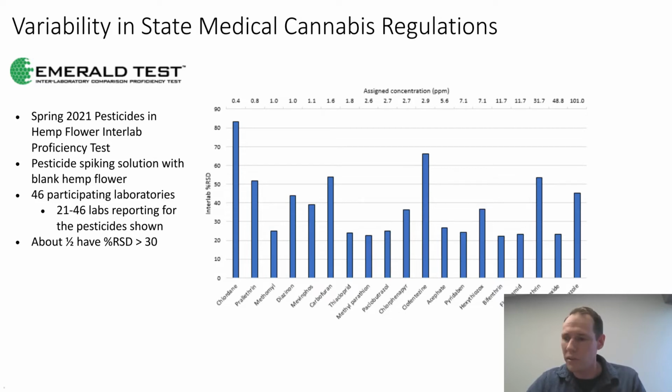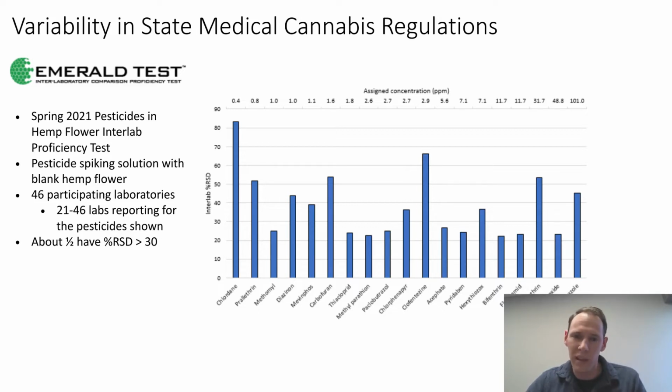And shown in this chart are the interlab percent relative standard deviations of the measured concentrations for each pesticide in this study. And these are listed based on their assigned concentration, which is shown at the top of the graph. And you can see that there is a fair amount of variability here.